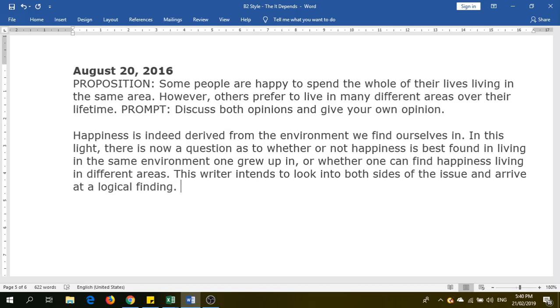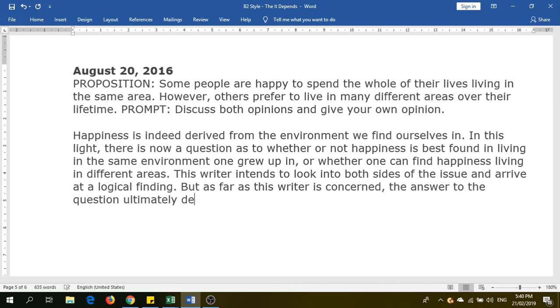And the final element is now what we call the thesis statement, which is defined as the statement of the writer's opinion. And so I would say something like, but as far as this writer is concerned, the answer to the question ultimately depends on the person himself, herself.